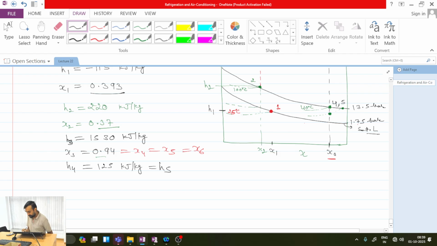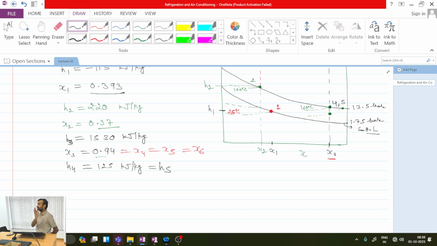For 1.75 bar pressure, point 5 is lying above the saturated liquid line. It means state 5 is in the liquid plus vapor region. Got my point or not?